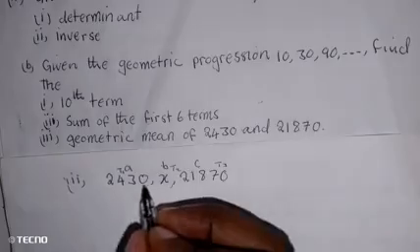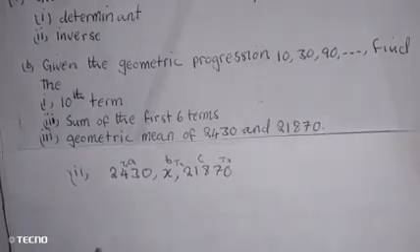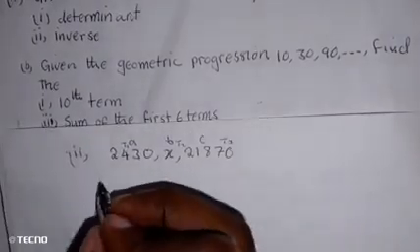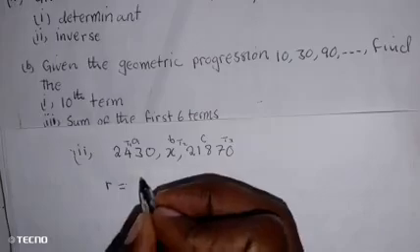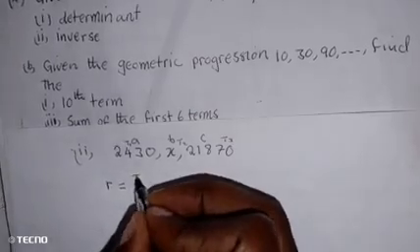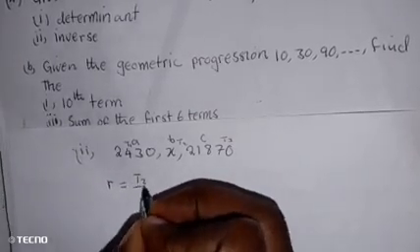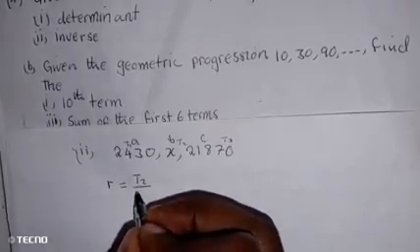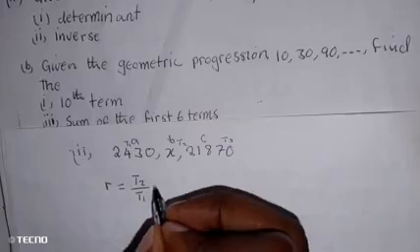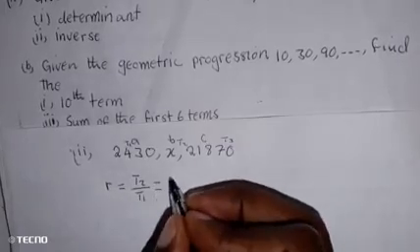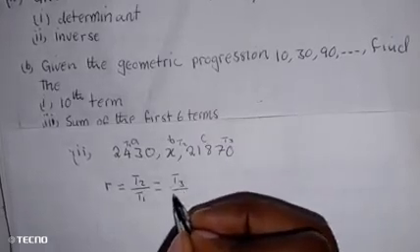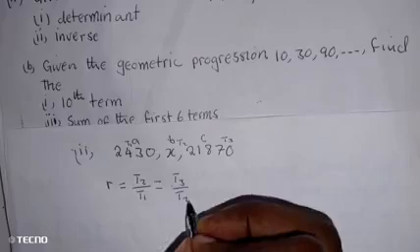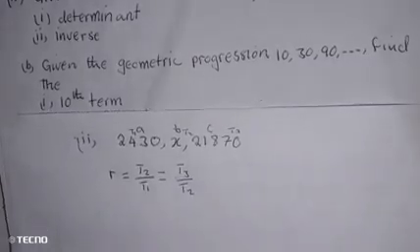Then remember, when you want to find the common ratio, the formula we use is r equals second term over first term, equals third term over second term. So this is the one that we are going to use.